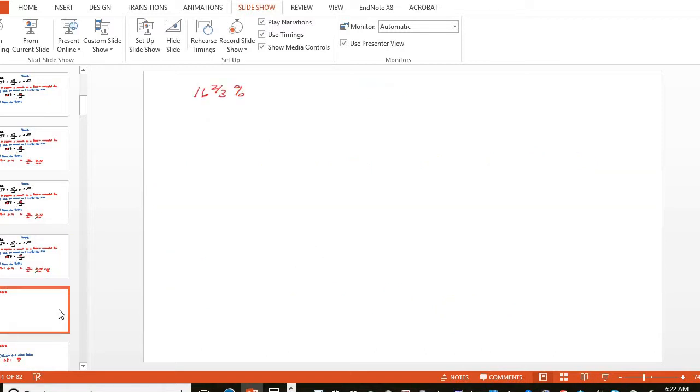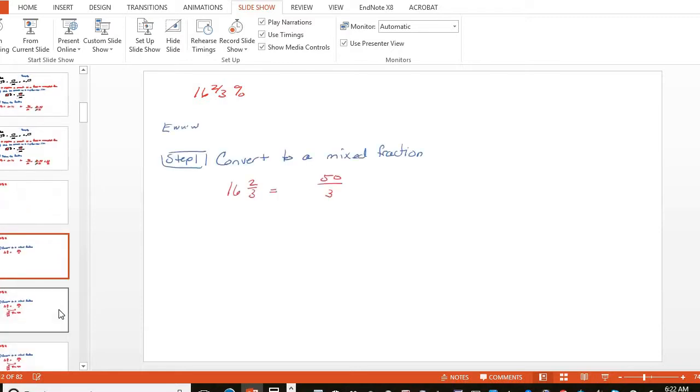Let's look at this 16 and 2/3%. The first step, actually, you have some pre-work to do. 16 and 2/3 is really 50/3. Convert this to an improper fraction, not a mixed fraction. So this should be improper.